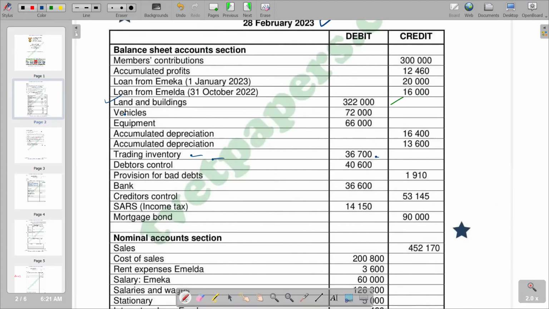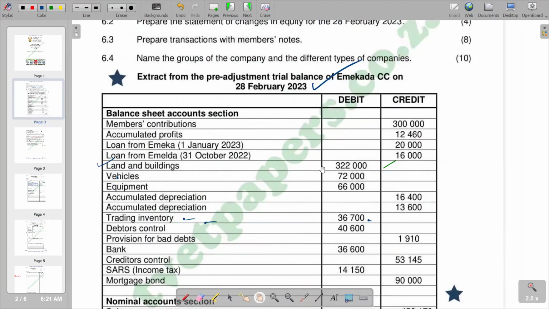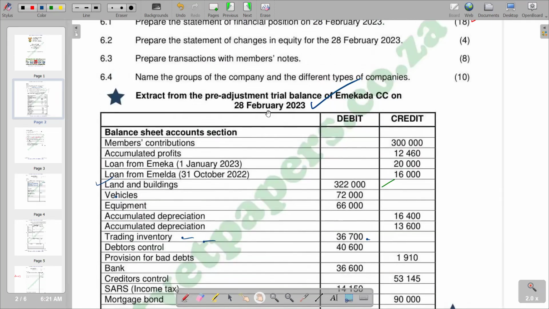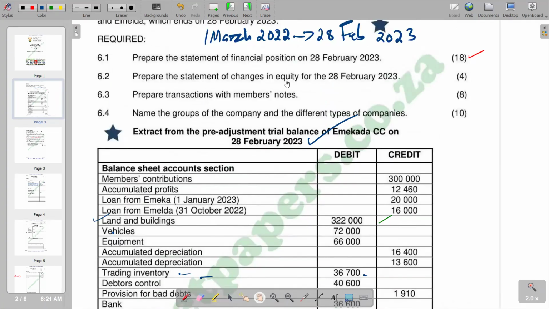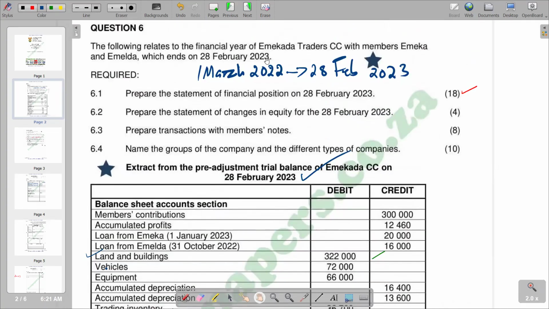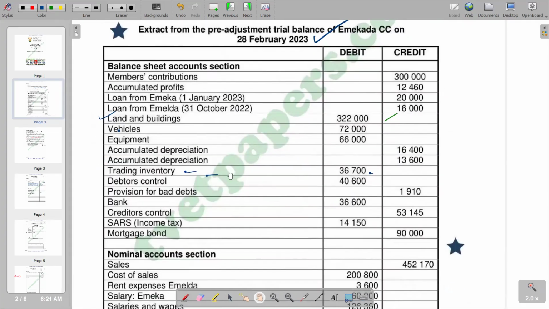Remember, the trading inventory that has to be part of the current assets is the closing trading inventory. So if you come here, you would see that the balances we are given in the pre-adjustment trial balance are balances as at 28th February 2023, which is at the end of the year. Remember, the year ends on 28th February 2023, as indicated at the beginning of the question. So we just check that. You're going to see that in some questions, when you're given a list of balances, the closing inventory figure might be in the additional information.